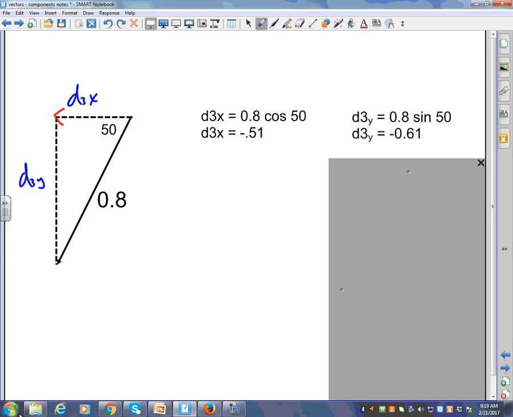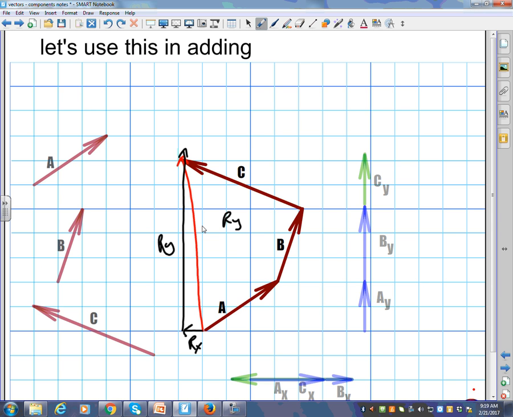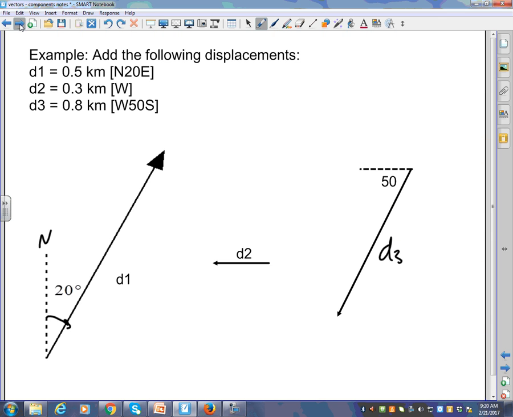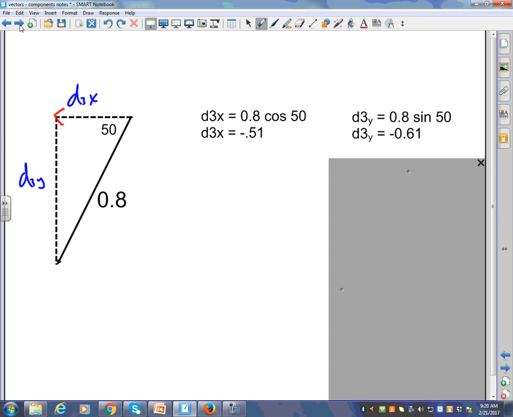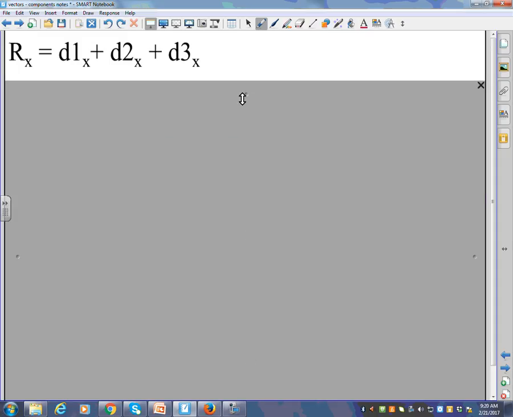Okay, now way back here, what were the three steps? I found the components, then I placed them tip to tail. So mathematically, how do we place them tip to tail? How do we add them? Because they're all x, you simply add the x's together. So Rx, the x component of the resultant, is equal to D1x plus D2x plus D3x, and if you've got a D4, you have to add that in too.